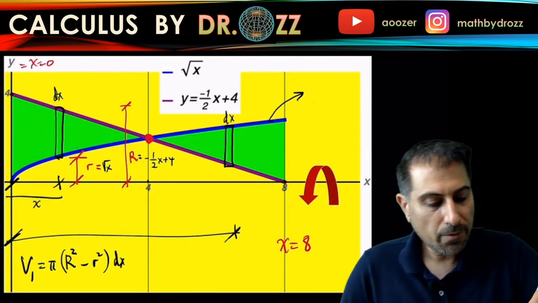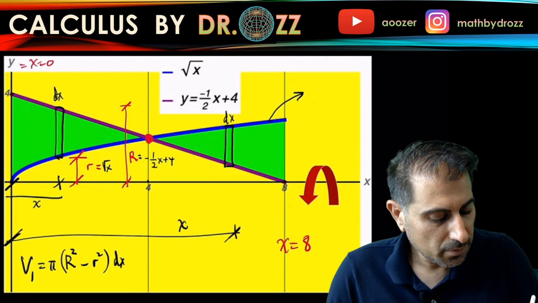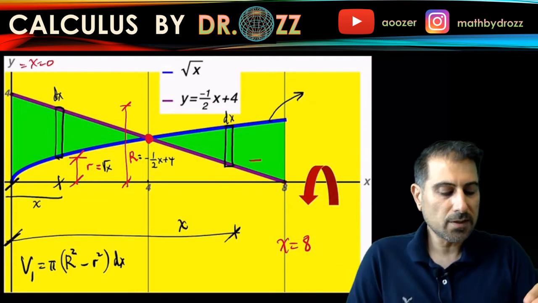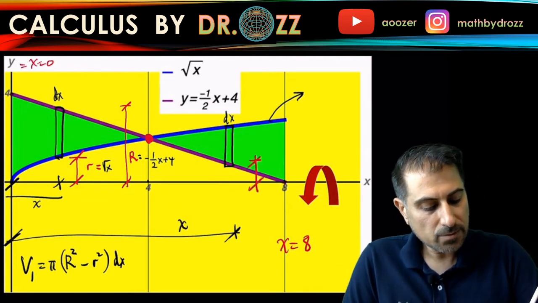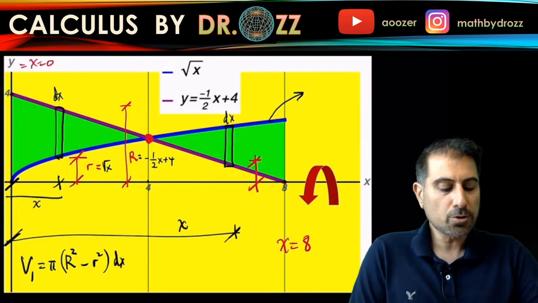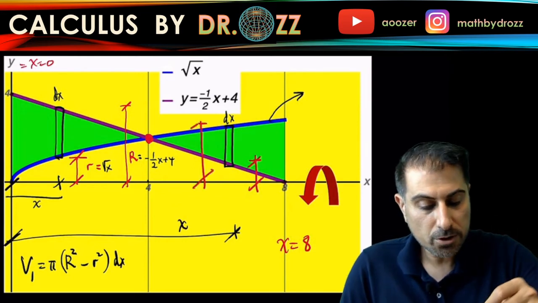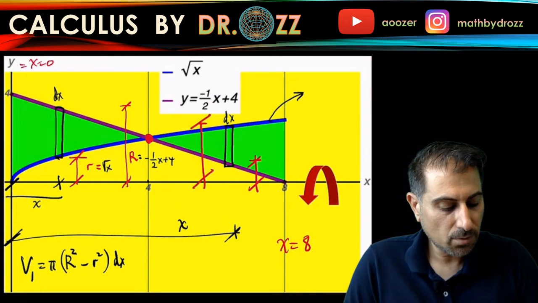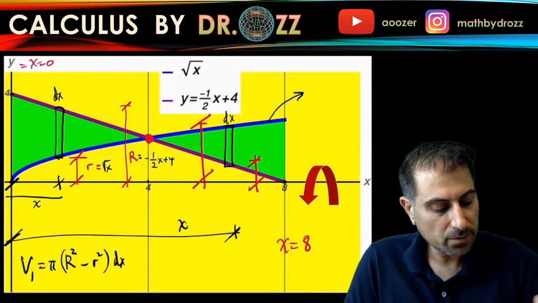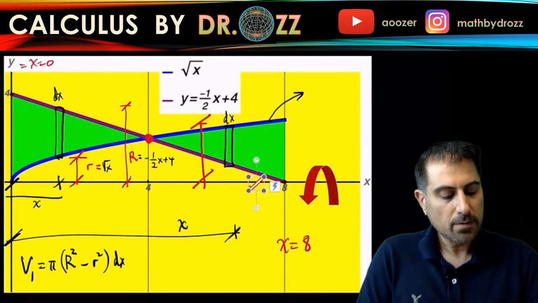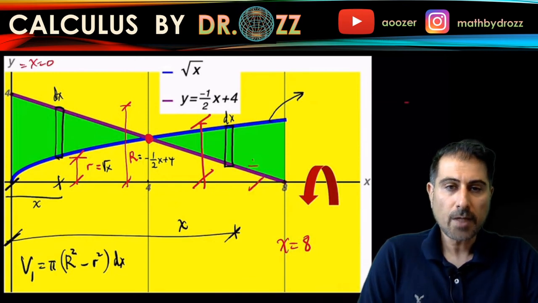Okay, so now what I'm going to do is determine the distance from the bottom portion of this disk to the y-axis, and as well the top portion of the slice all the way to the x-axis. Okay, now let's see what it is.